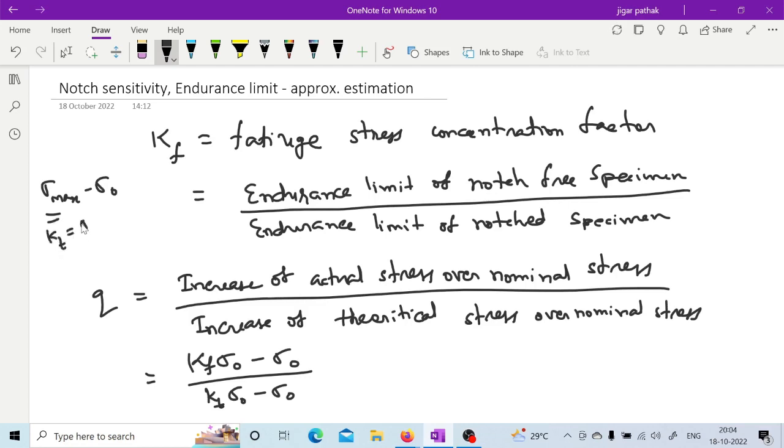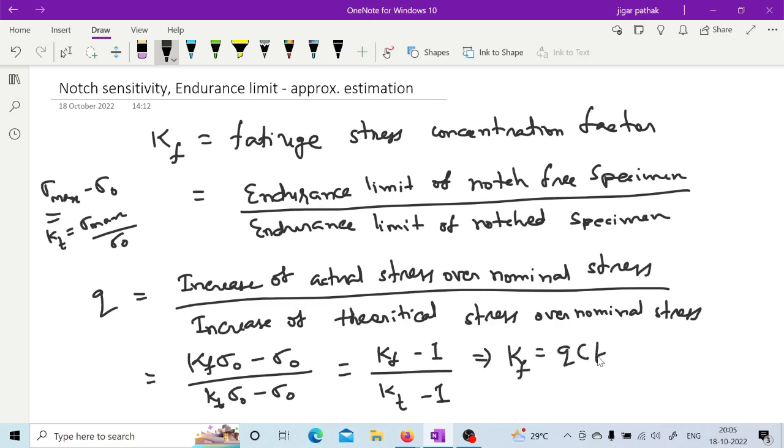As we know, both Kt and Kf are sigma max upon sigma naught. So if you simplify further, it will be Kf minus 1 upon Kt minus 1. From this you can write Kf as q into Kt minus 1, plus 1.